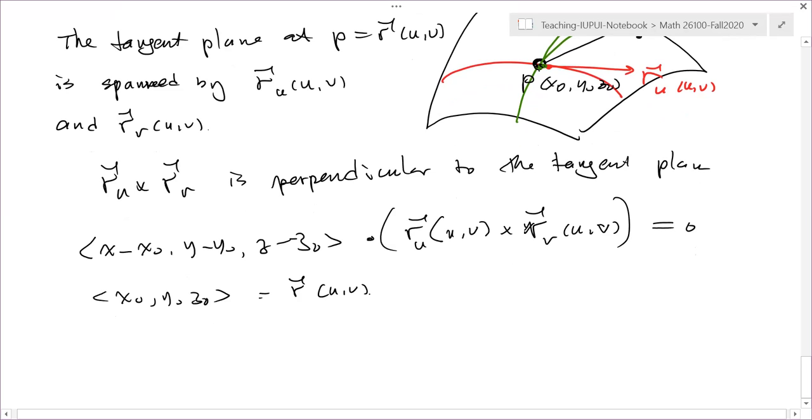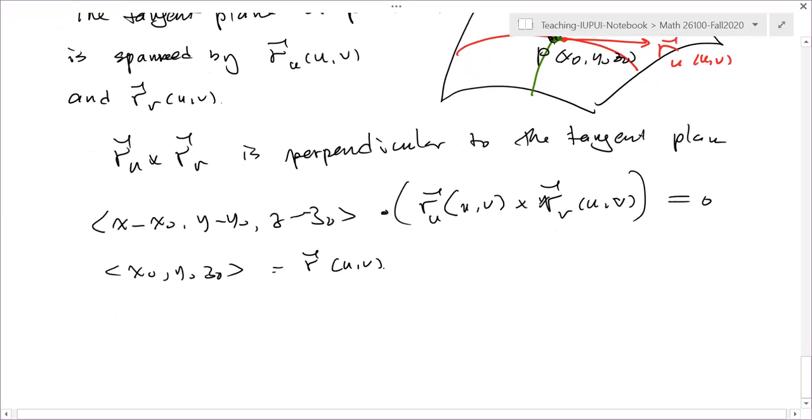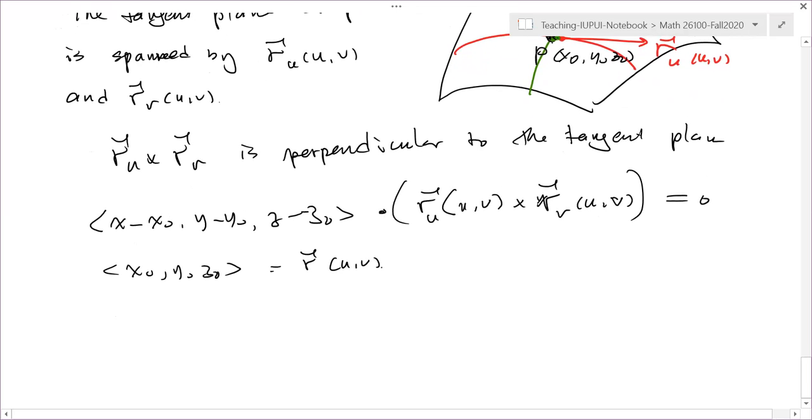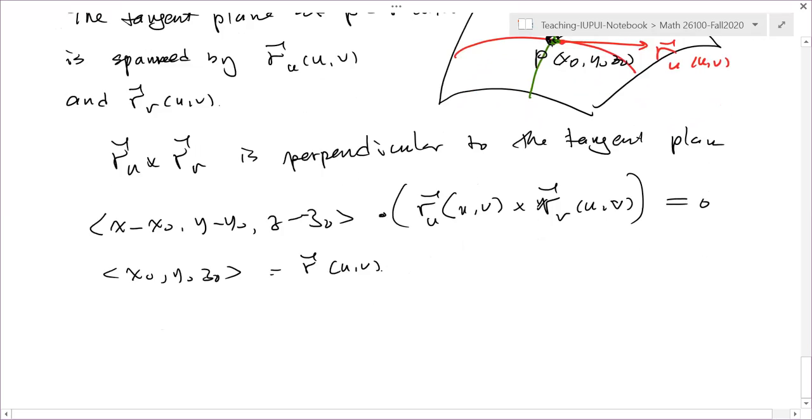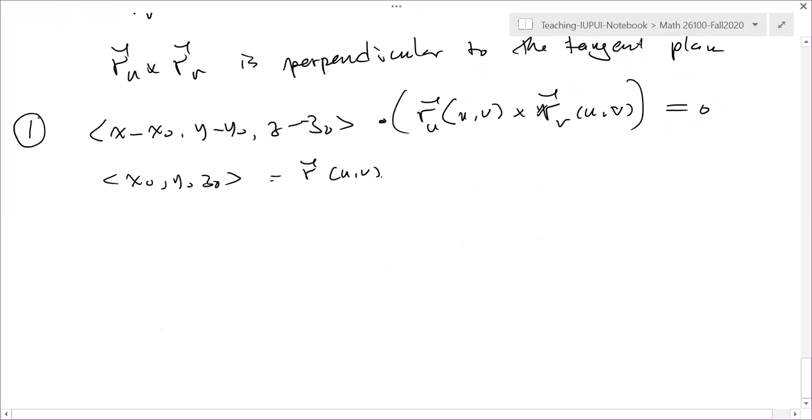You can also view a tangent plane as a surface, and then you can parameterize it in a slightly different way. That's the first equation; the second equation is the parametric equations for the tangent plane.